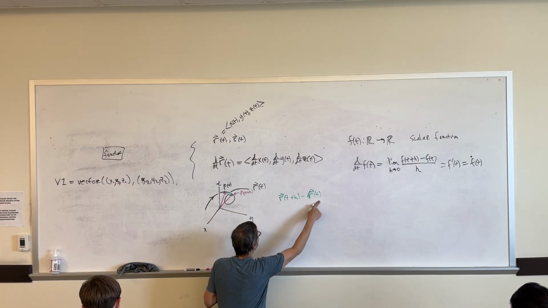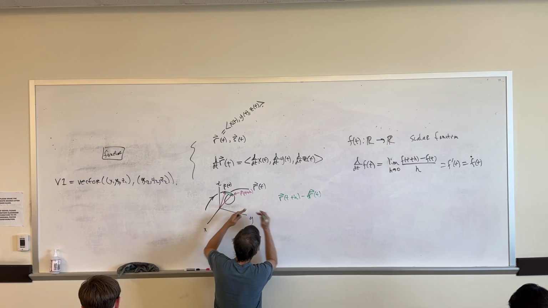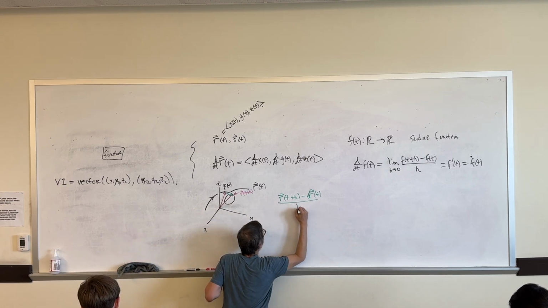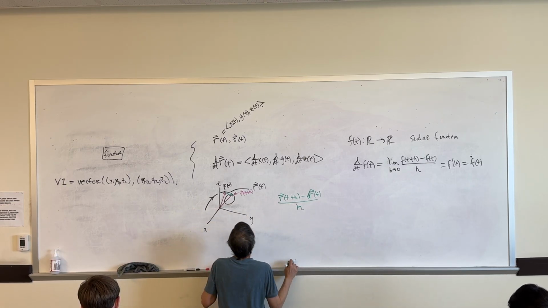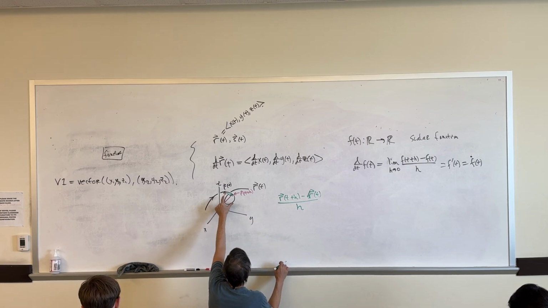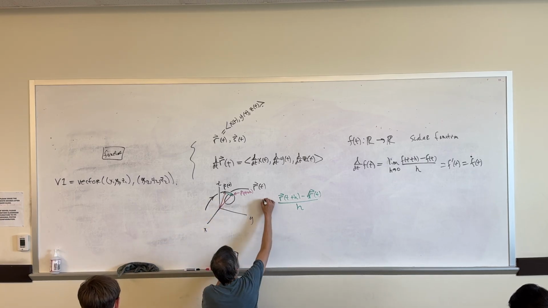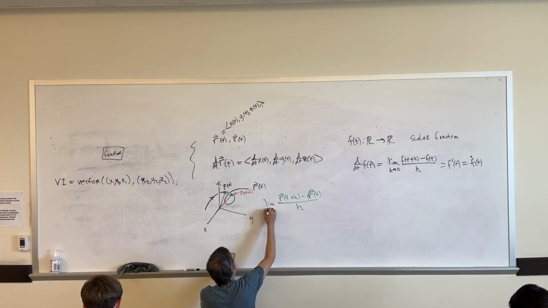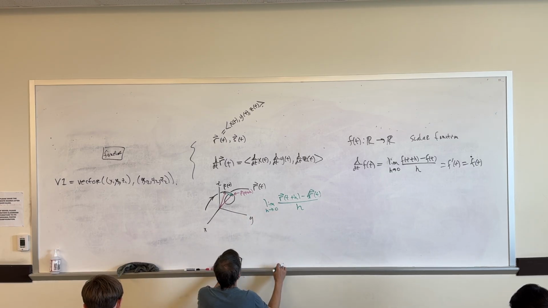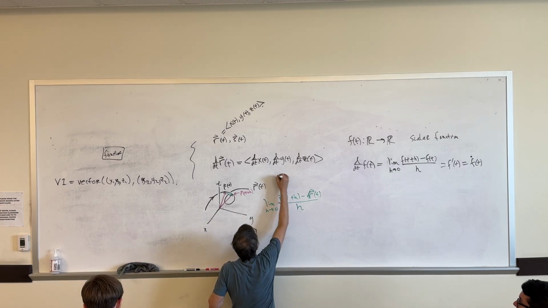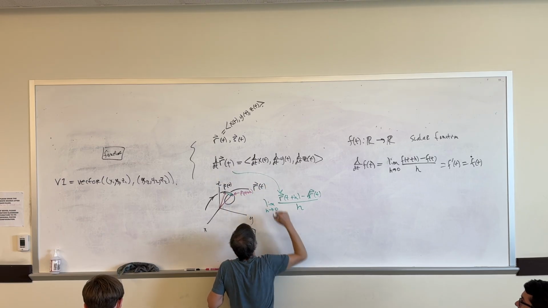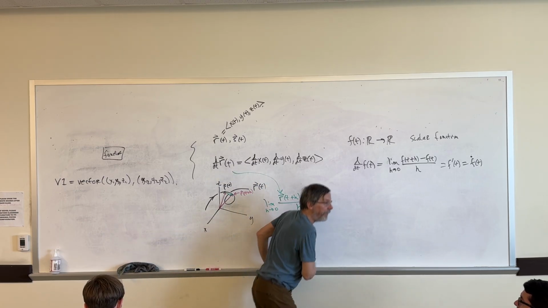That is this difference, and we're going to divide that by the change in the input value. Right now t is a positive quantity, but I'm going to look at this difference as h shrinks to 0, and that is the definition of the first derivative.